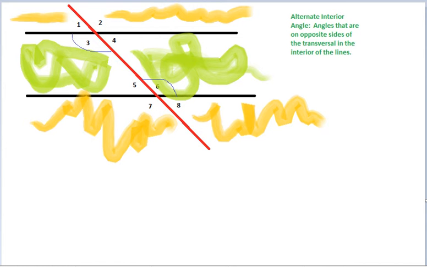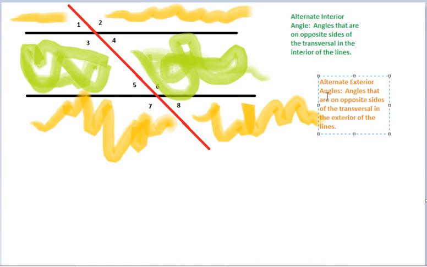The next one is alternate exterior angles. And alternate exterior angles are angles that are on opposite sides of the transversal, but the angles lie on the exterior of the line. So this orange section or this yellow section is where those angles will be. So an example of that would be angle 1 and angle 8.